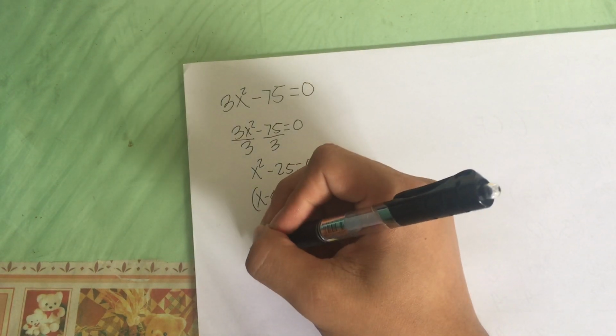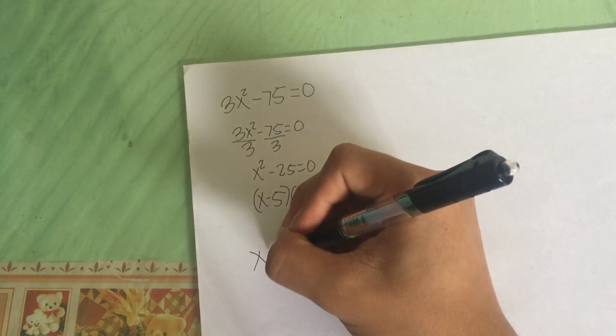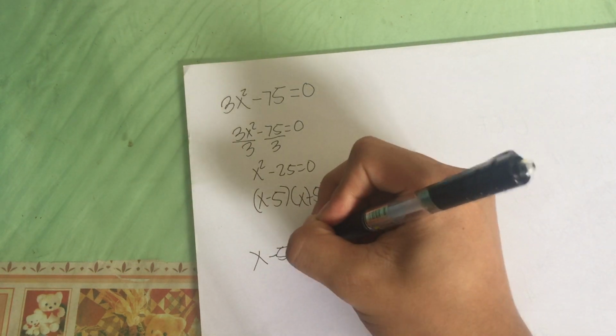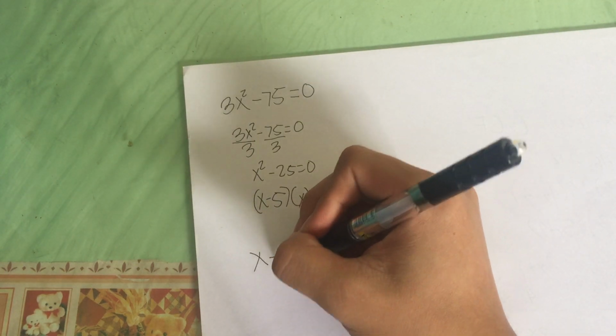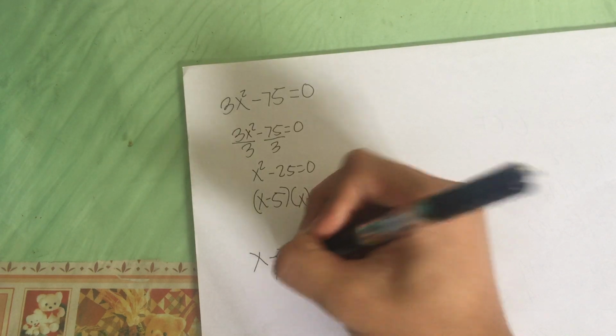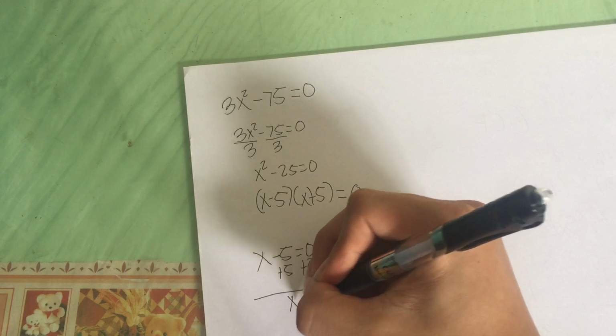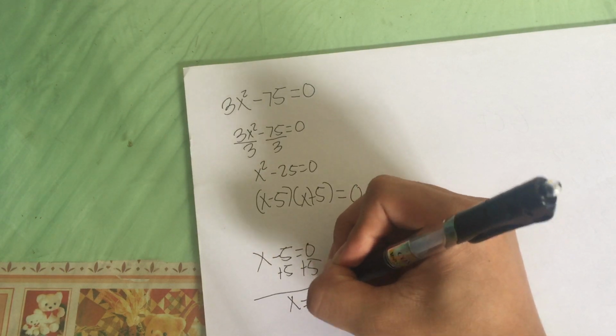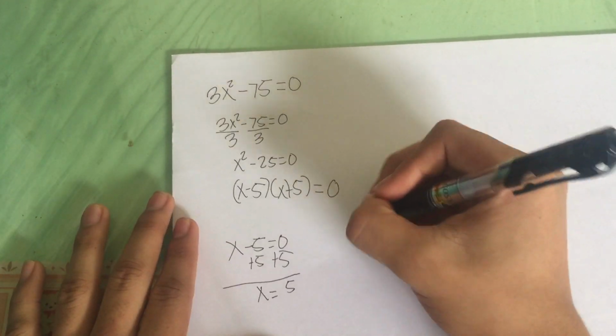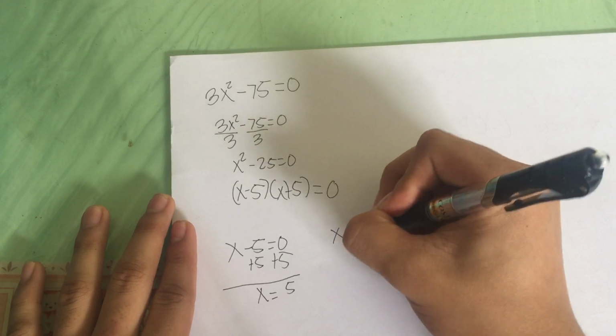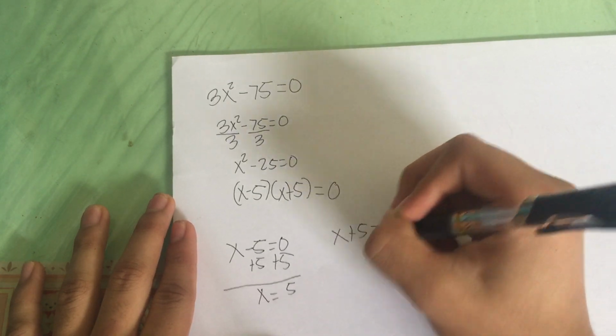Now let's start here. x minus 5 equals 0. So what you're going to do again is add 5, which will then lead to your answer, x equals 5. And on the other side, the same, x plus 5 equals 0.